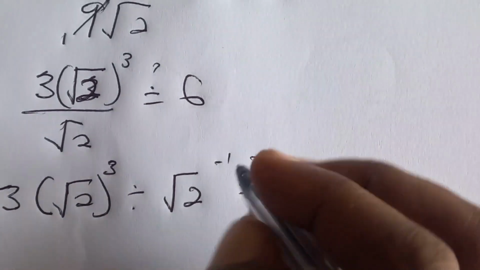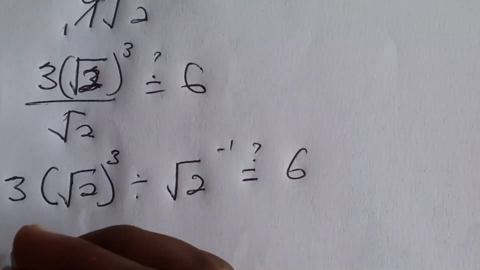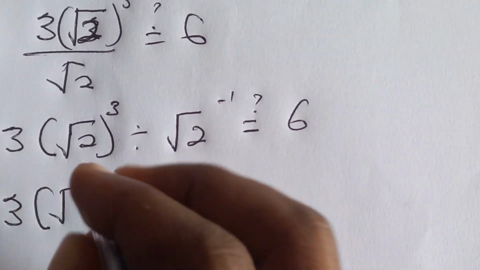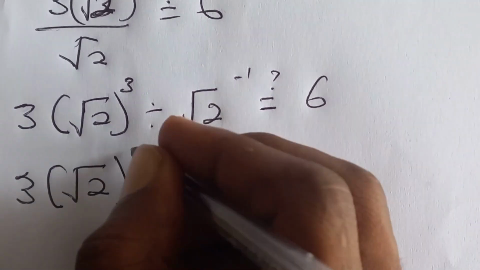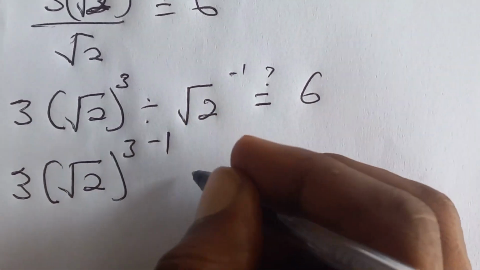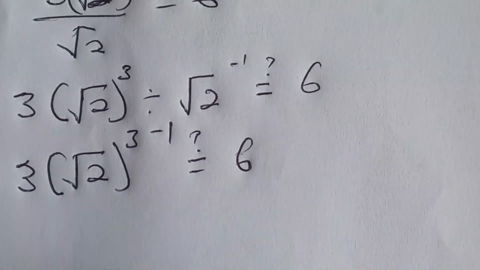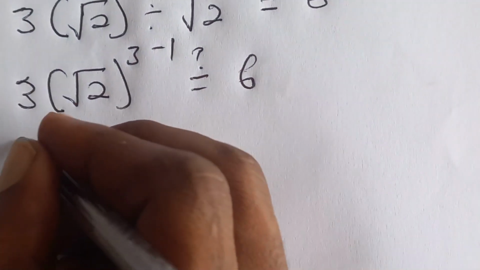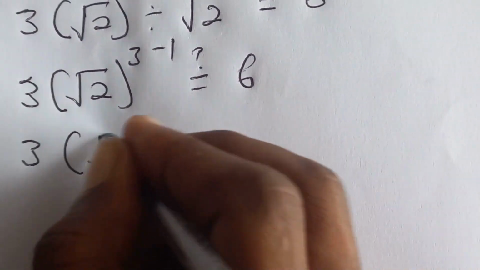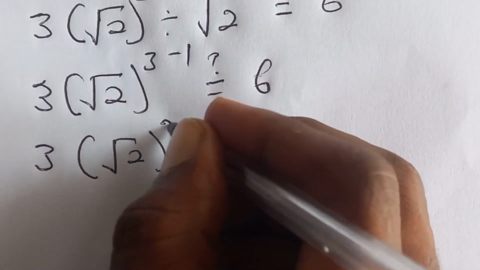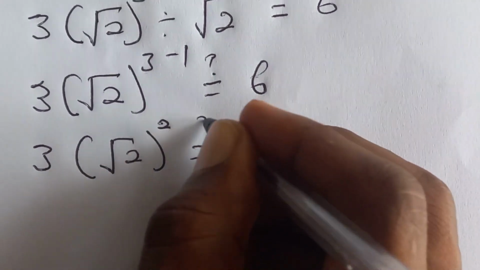So now we can rewrite this as 3 into bracket root 2 exponent 3 minus 1 indices, and it should be equal to 6. Now we have 3 into bracket root 2, 3 minus 1 is 2, so exponent 2 is equal to 6.